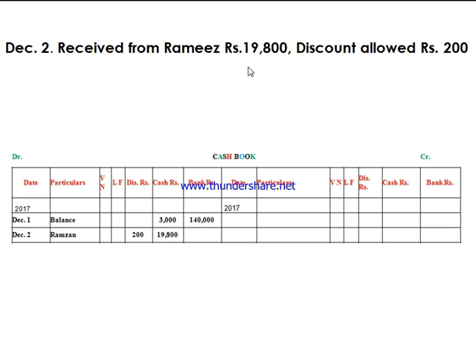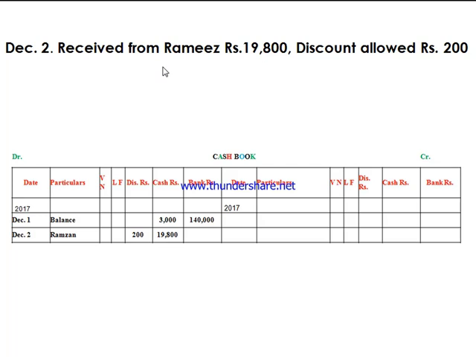Our business has received cash 19,800 from Ramesh and we gave him a discount of 200 rupees. So 200 rupees is the discount, 19,800 rupees is the cash, and this transaction indicates that it is a receipt.